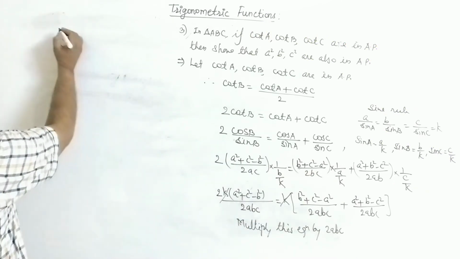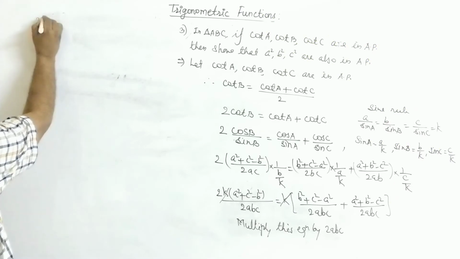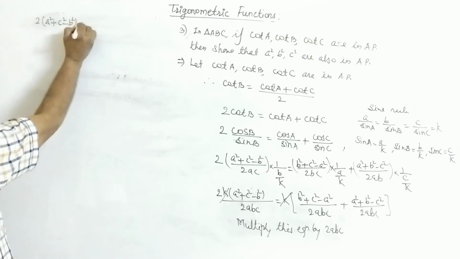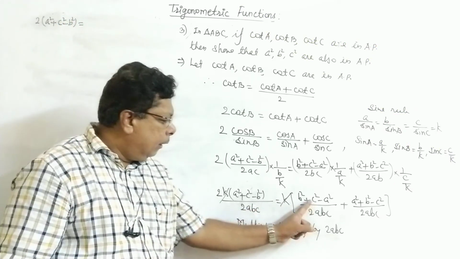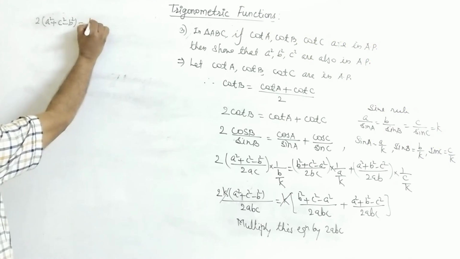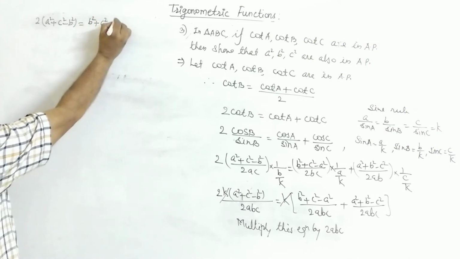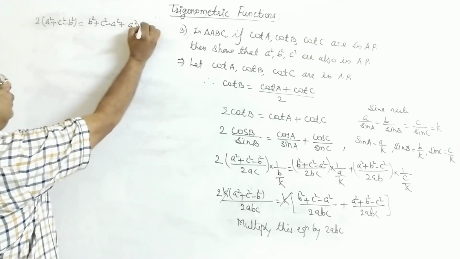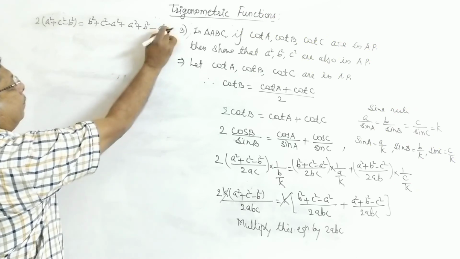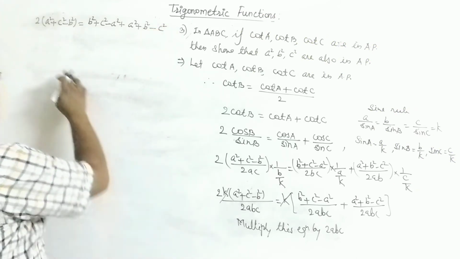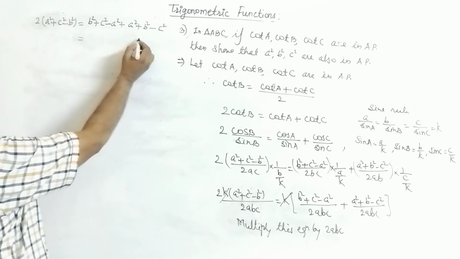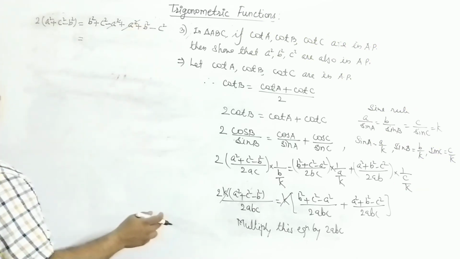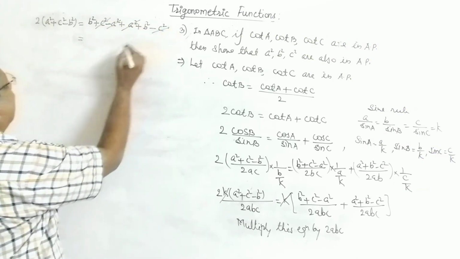So this becomes 2 into a square plus c square minus b square is equal to, on right hand side, denominator gets cancelled, b square plus c square minus a square plus last term is a square plus b square minus c square. So here minus a square plus a square cancels, c square minus c square cancels.